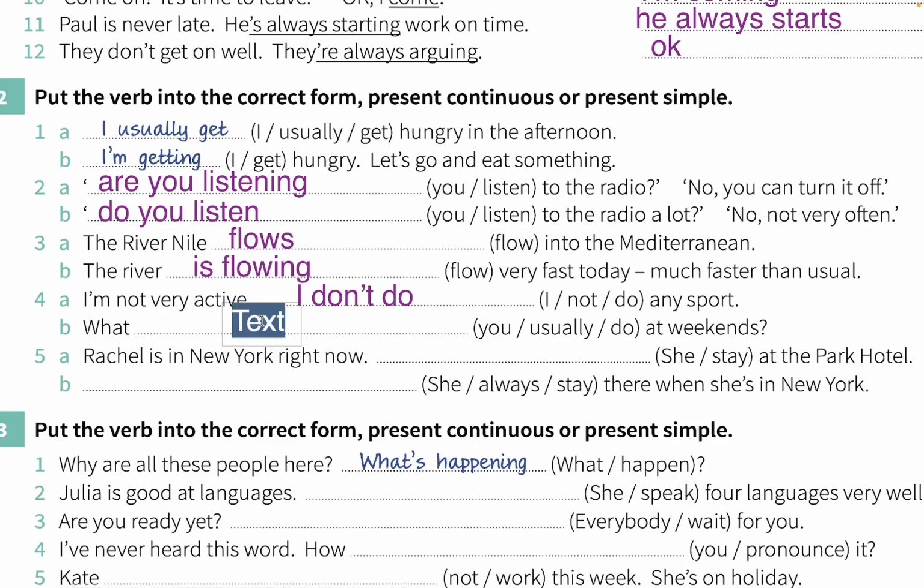Okay, 4B. What blah blah blah you usually do at weekends? What do you usually do at the weekends? Yes. It's what do you usually do at weekends?